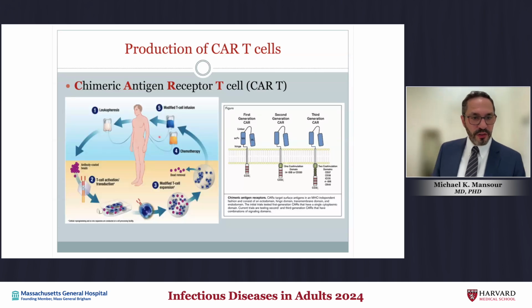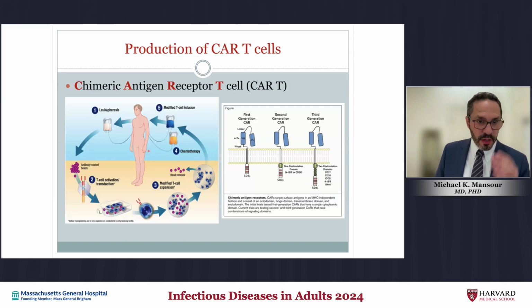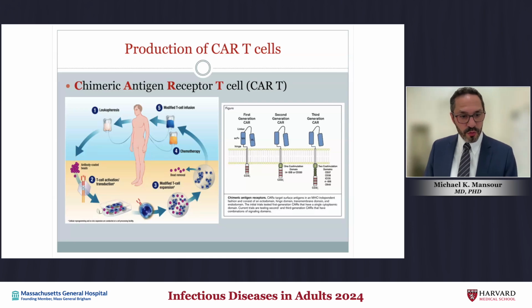And so here's a schematic of how this occurs. The patient is admitted. Most CAR T products are FDA approved for lymphomas and multiple myeloma. So let's say this person has lymphoma and they're not responding to conventional chemotherapy. You can then pherese their T cells and send that cell product to a group that will then take those T cells, expand them, and add in the modified CAR receptor, which is now expressed on the surface.